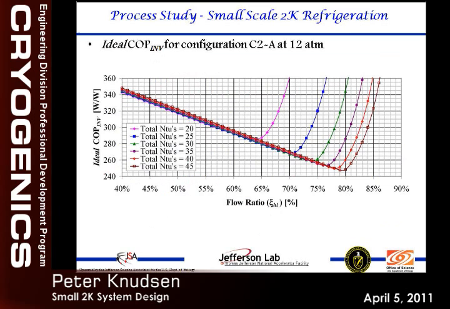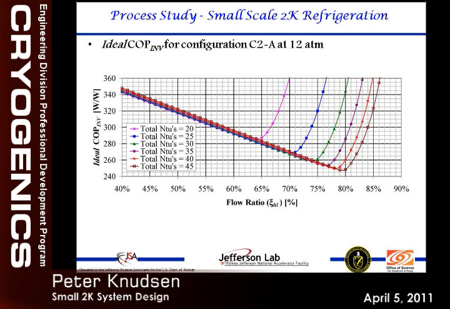So this is that first configuration, a very simple refrigeration recovery configuration. What we'll see in this curve right here is that there is a minimum, and that minimum corresponds to each total number of heat exchanger NTUs. For this case, for instance, for 35 NTUs, you have that curve right there, and there is an optimum right there.